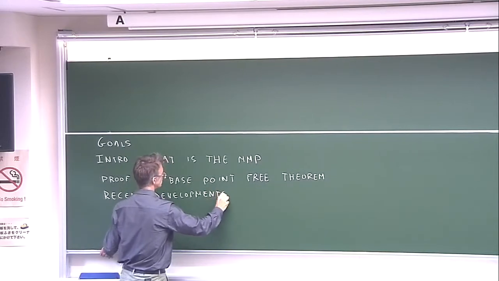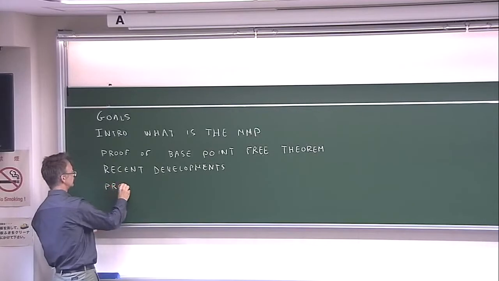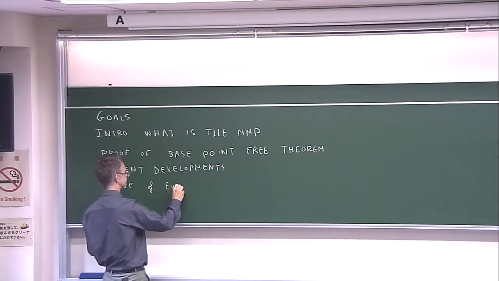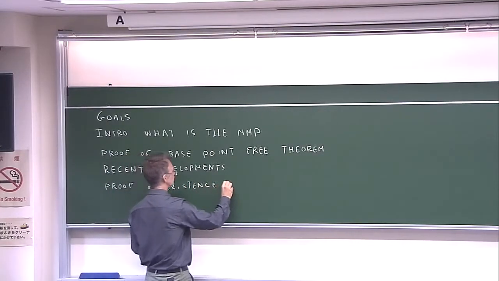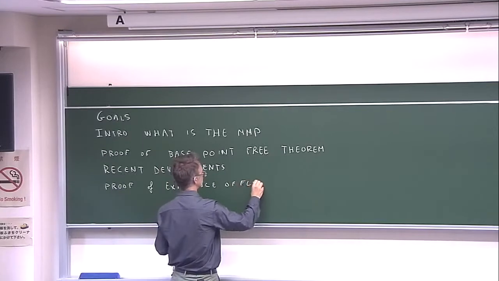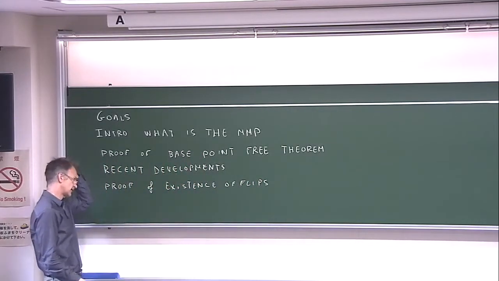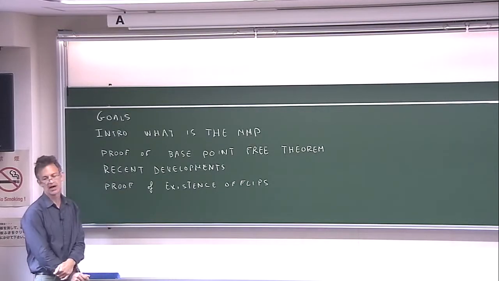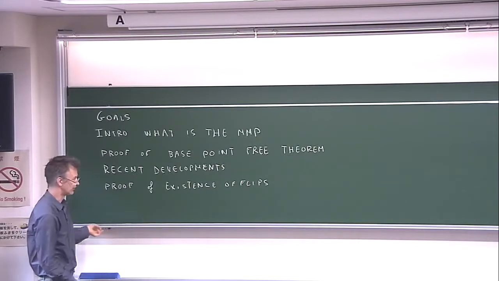So I hope to actually finish by giving you a fairly complete proof of the existence of flips theorem, which really includes some of the most recent results and is somewhat technical, but hopefully I can break the proof down into simple enough steps that you can get a good feel for it.